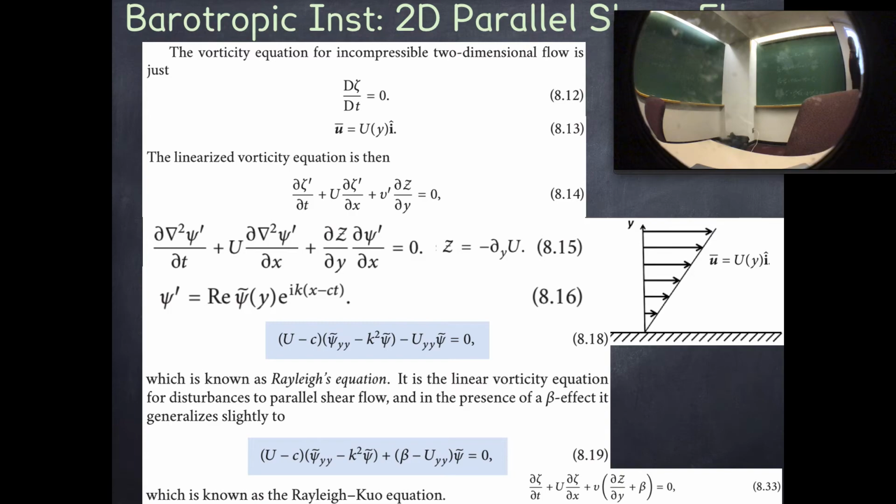And because it's 2D incompressible, we can plug in the stream function in place of the vorticity. And then now we have a function of y. This really is an abstract function of y now. It can't be a Fourier function of y.